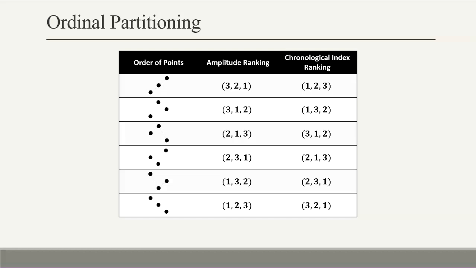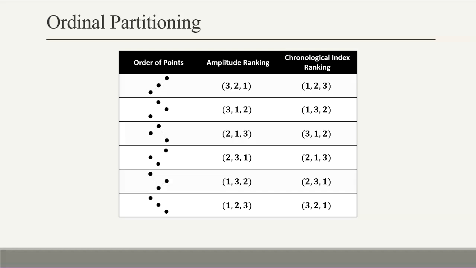The thing that I'm using is ordinal partitioning, where I'm coding the time series that I have. Instead of looking at the value of each point, I'm just looking at the order of the points, and I code the ordering: this one is increasing, this one is decreasing, this is up and down.